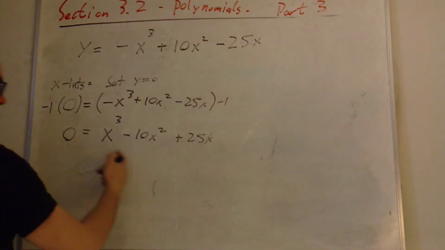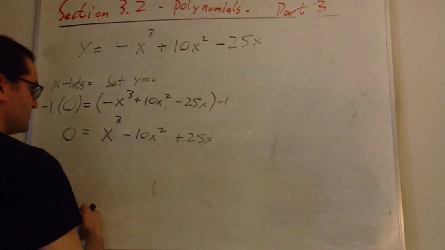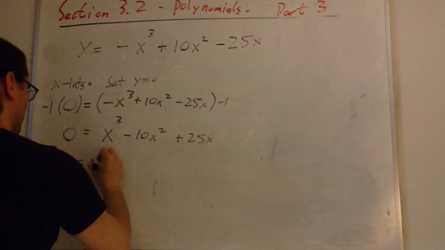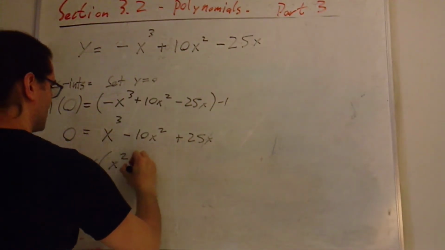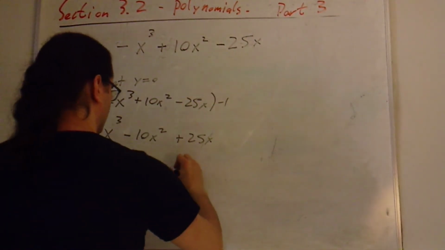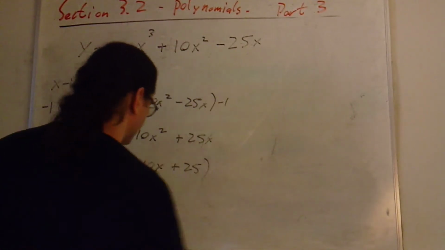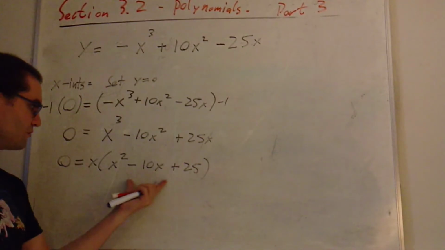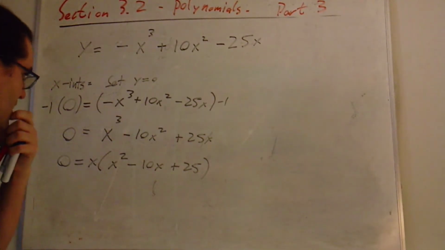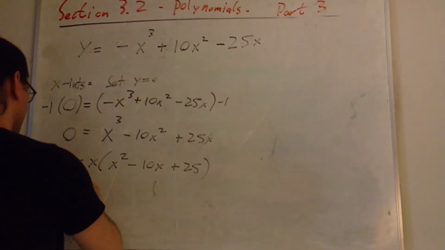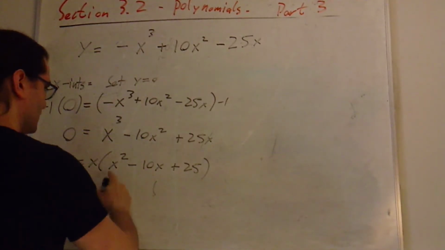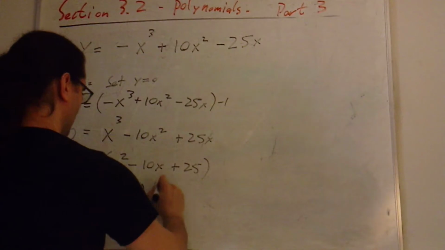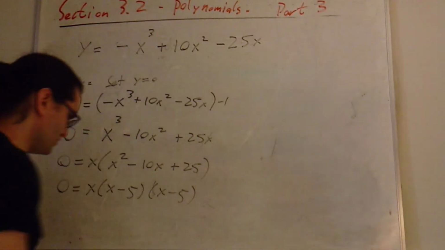So to continue factoring, I have 3 terms. They all have x in them, so I can start by pulling the x out. x squared minus 10x plus 25. Now the x is out front, and what's left in here can be factored normally. So looks like x minus 5 and x minus 5 should do it.